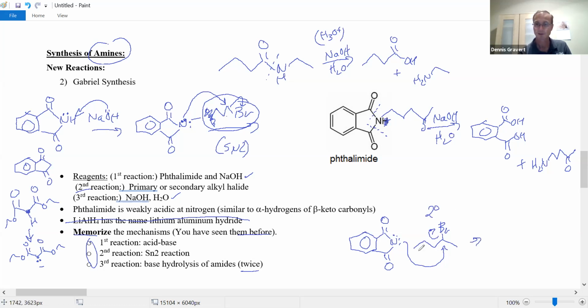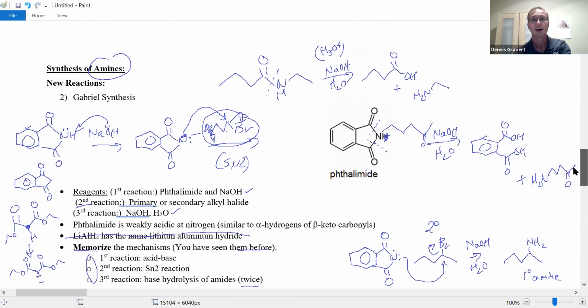And then after you do the SN2 reaction, hydrolyze the product. And then your nitrogen will be connected to where the halide used to be, and I just got myself. That's still a primary amine. Yeah, we're still stuck. Never mind. It's still a primary amine. I'm glad I drew it. So yes, you're making primary amines in higher yield and it's a more pure product.